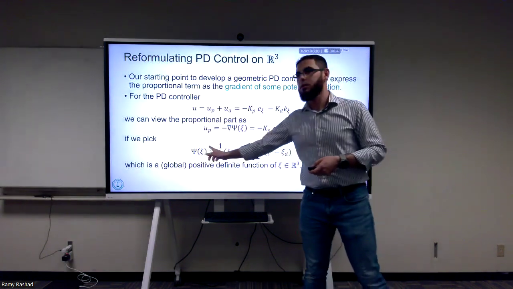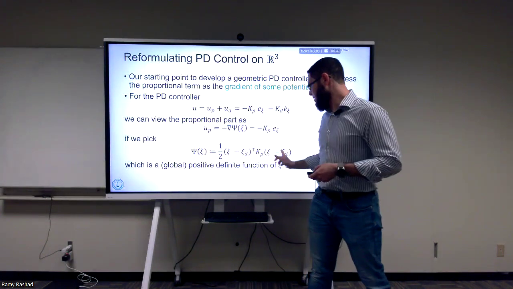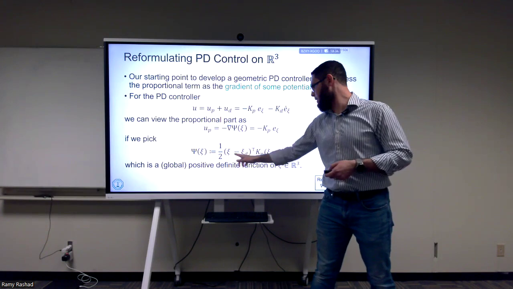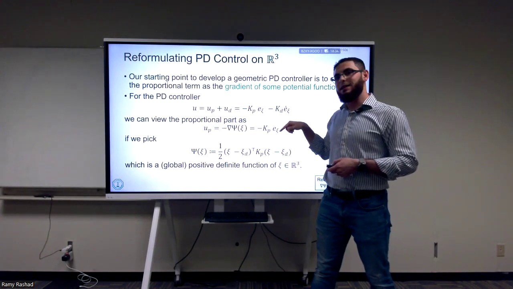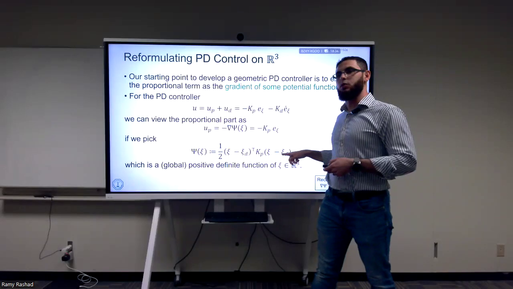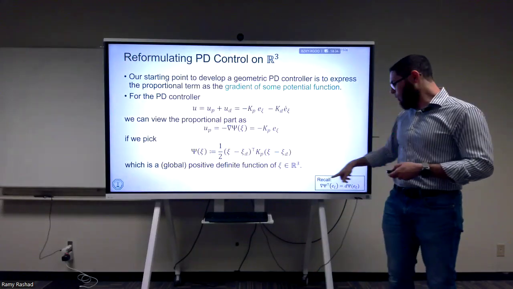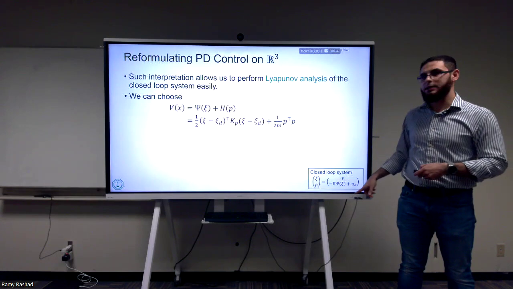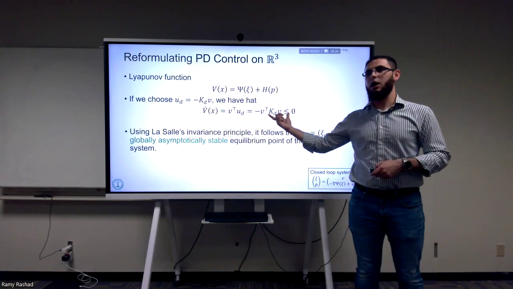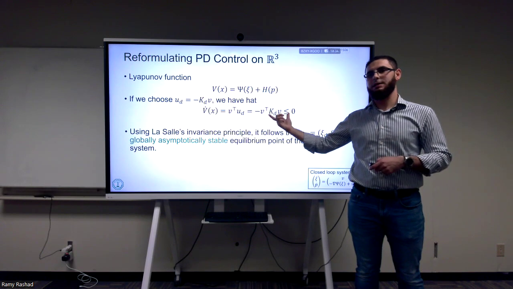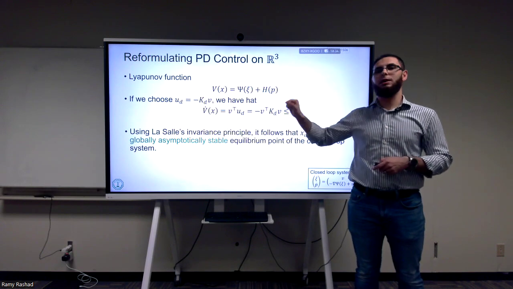If you take the gradient of this, you're going to find it's minus kp times psi minus psi d. The gradient at psi equal to psi d is equal to 0. So the only point inside the set R, which is an invariant set, is the equilibrium point 0 and 0.